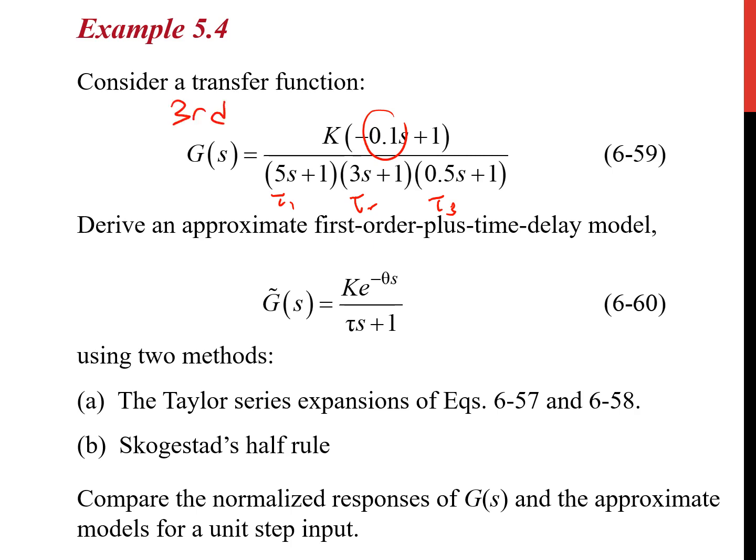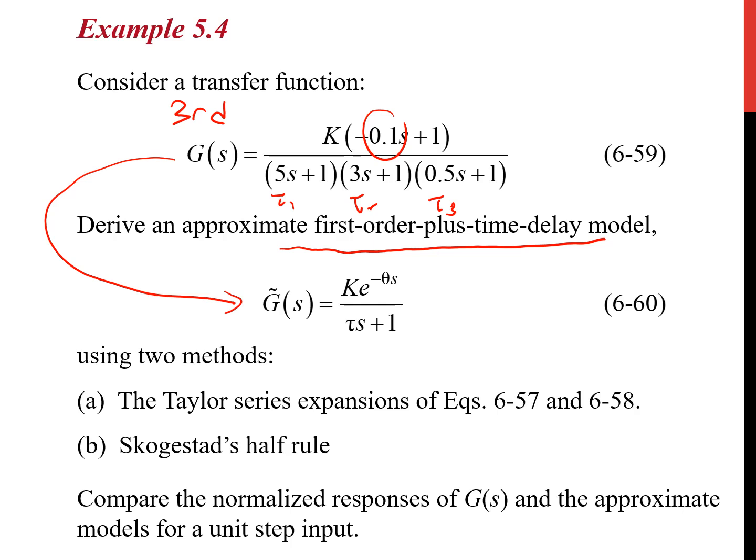So this third order transfer function can be approximated through a first order plus time delay. If we want to convert the higher order into this kind of form, the objective is to reduce this order into this form.